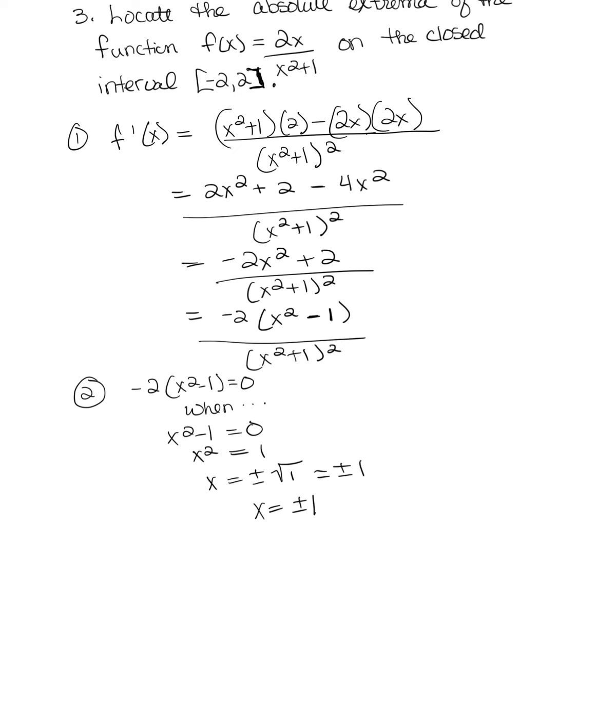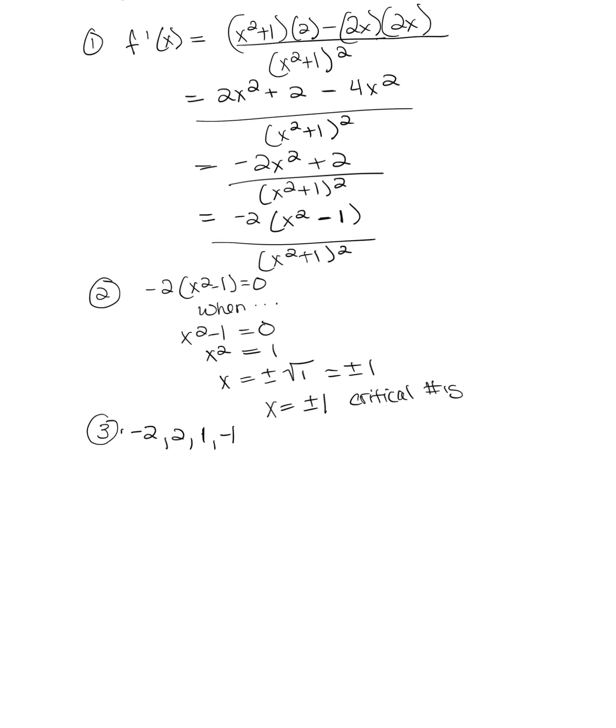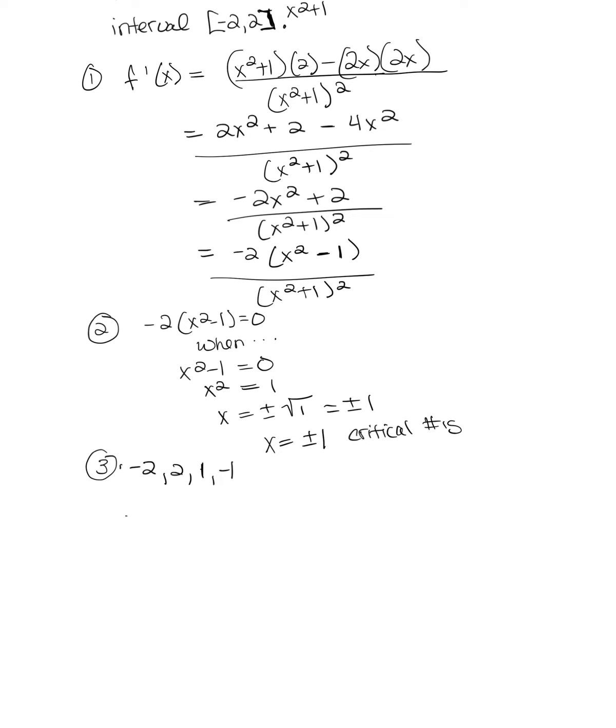Okay, so then what we're going to do is take the -2 and 2 and our two critical points, or excuse me, critical numbers. Numbers are not points until they have a partner. So we have -2, 2, and then 1 and -1 that we're going to be plugging into our original function, f of x.